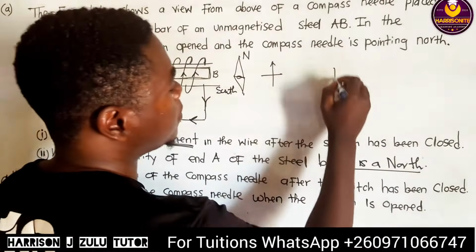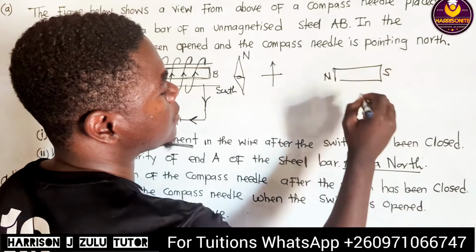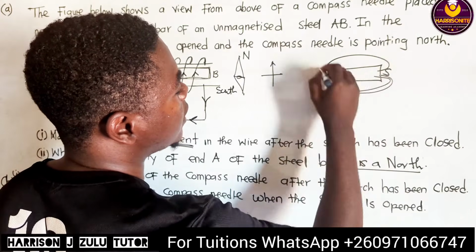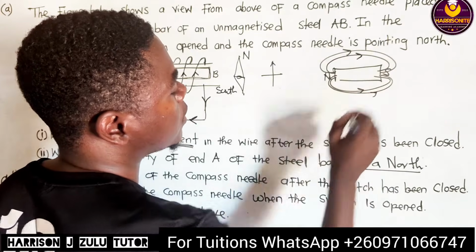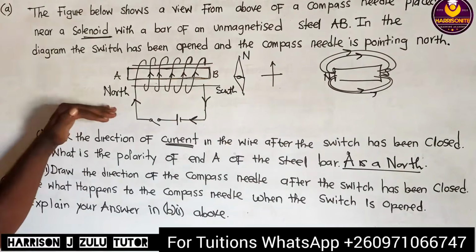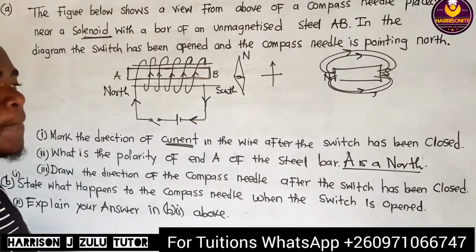If we were to put a bar magnet here, this is north, this is south. So you discover that the magnetic field will be going in that direction. So end A is called a north pole.